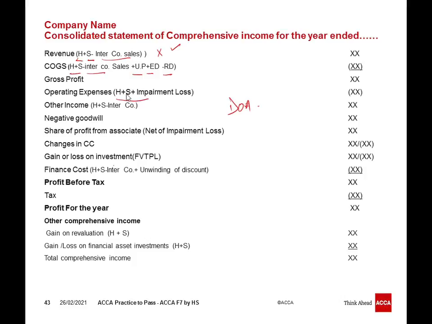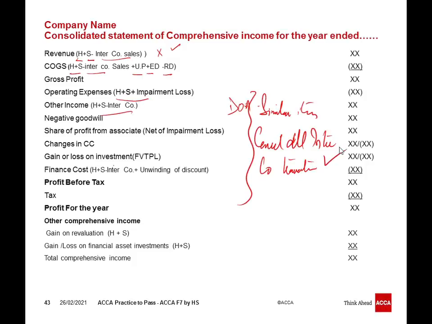Then you simply add the operating expenses and other income. So the basic format for this income statement is that you add the similar items and cancel all intercompany transactions.